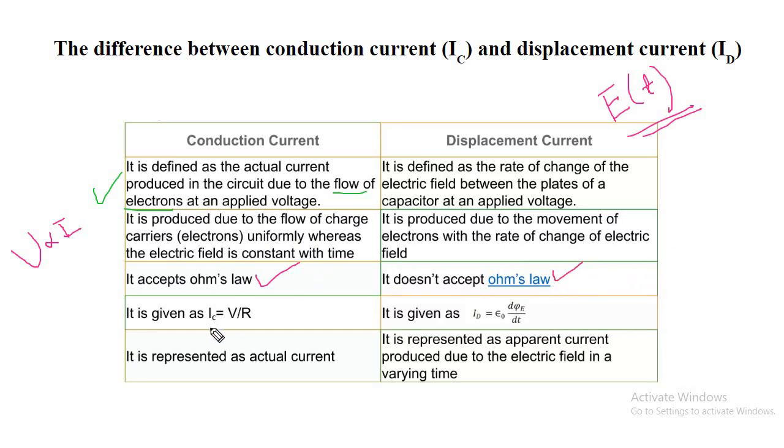As it is following Ohm's law, this relation is simple: V and I are proportional, and there will be R, a constant value depending on the material. And what is ID? This is epsilon d phi by dt. It's a flux. So how many lines of it? It does not represent the actual current, but it represents the apparent current produced due to the electric field, which is time dependent.